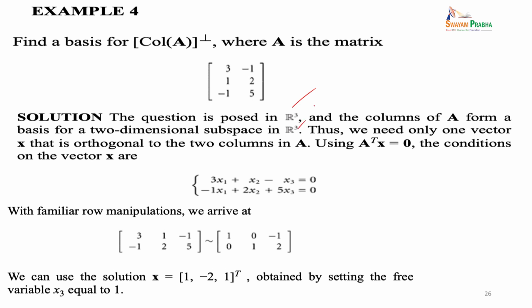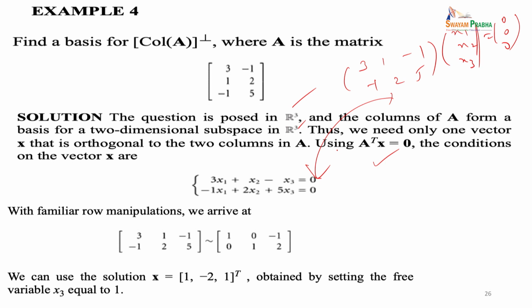Now, we need only one vector x that is orthogonal to the 2 columns of A. Using A transpose x equal to 0, the condition is: you multiply with A transpose. A transpose is 3 1 minus 1, minus 1 2 5, times x1 x2 x3, equal to 0 0 0.